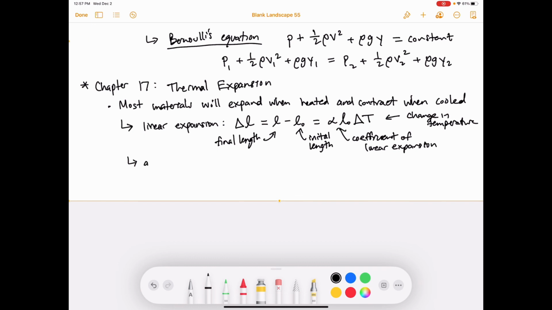Okay, so that's how we describe a change in length. But we can just as easily describe a change in area. And area expansion is given by delta A, which would be A minus A naught, using the same notation as before. This is approximately equal to 2 times alpha times A naught times delta T. And then finally, we have volume expansion.